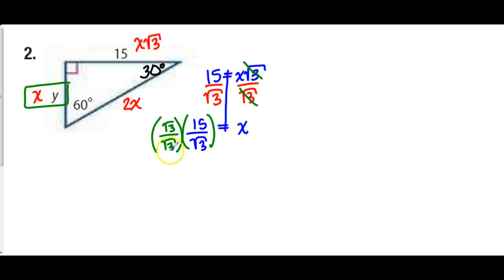And in reality, think about what you're actually multiplying by. Square root of 3 divided by the square root of 3 equals 1. So you're not actually changing its numerical value. Let's see what we get. We'll have x equals 15 times the square root of 3, which will stay 15 root 3. And then in the denominator, we have square root of 3 times the square root of 3.